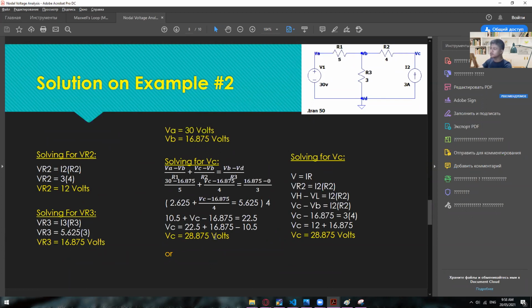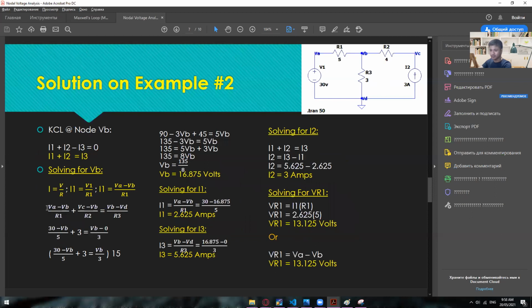Oops. My bad. So at this point, this is not 12 volts rather, because this one is I2. My bad. So I misread this one as 12. So in here we have to solve for the value of VC, since the only given is 3 amps. So solving for VC, we have here the original equation right here.